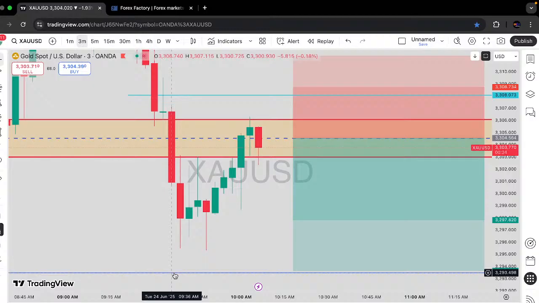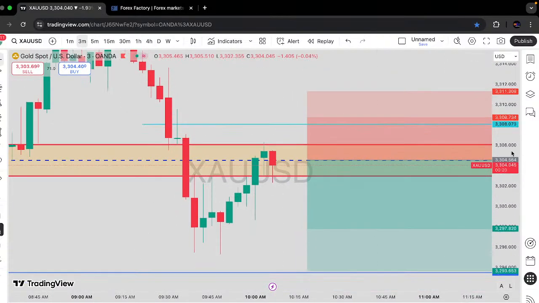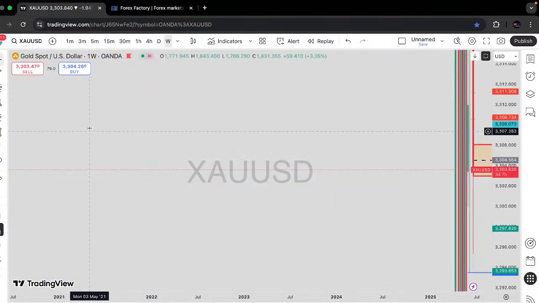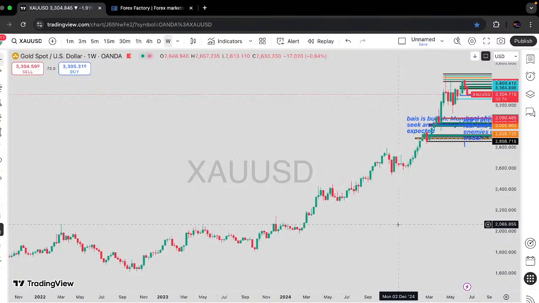Worst scenario is price coming back towards that upper level where the stop loss is.